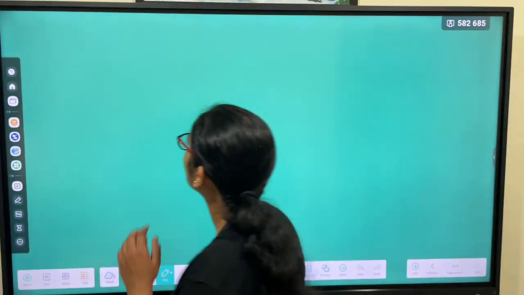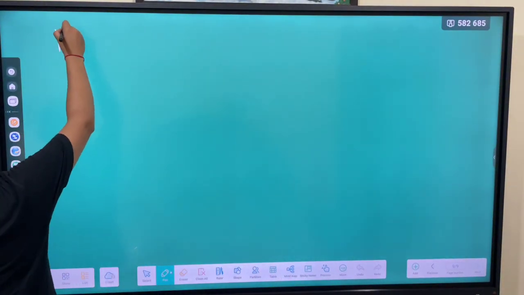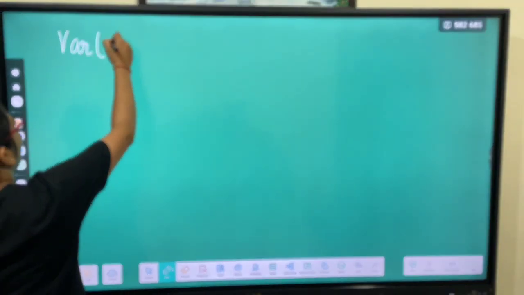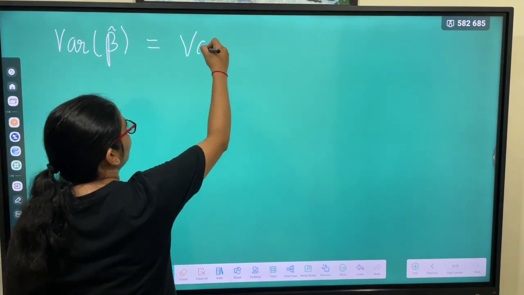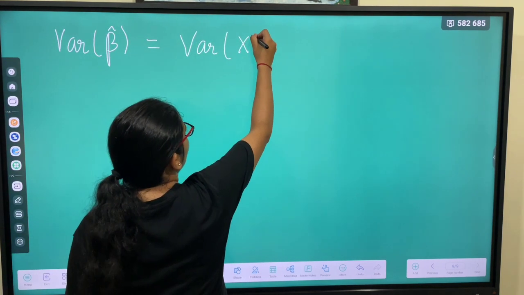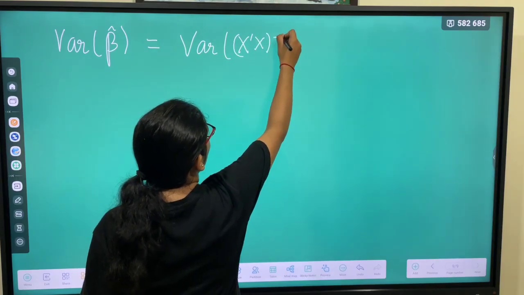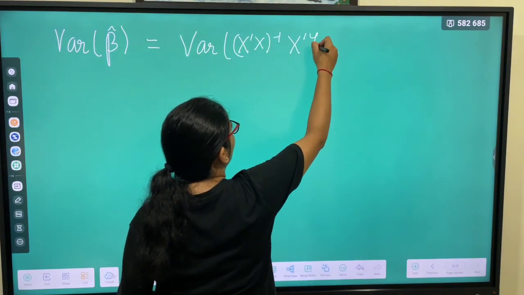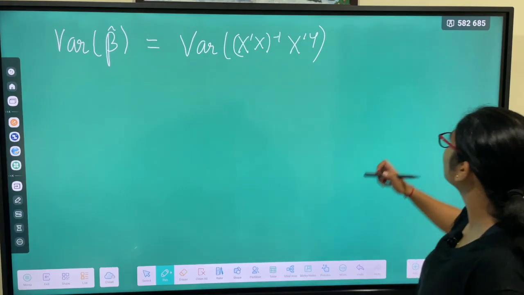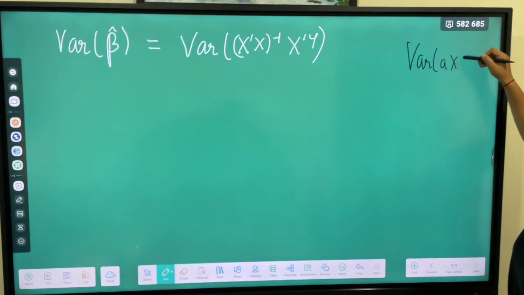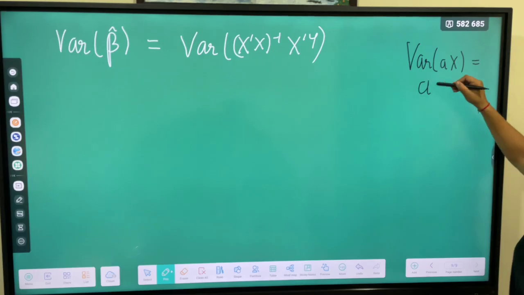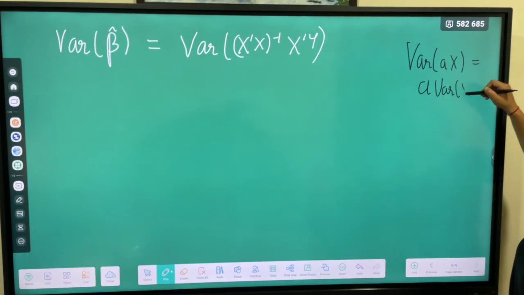So the variance covariance matrix can be written as the variance of beta cap, which is nothing but the variance of x dash x inverse into x dash y. Here again we will use the property that the variance of Ax is A times the variance of x into A dash.